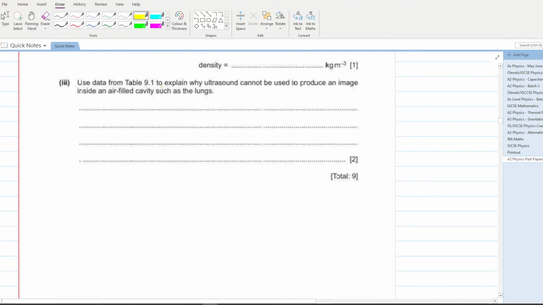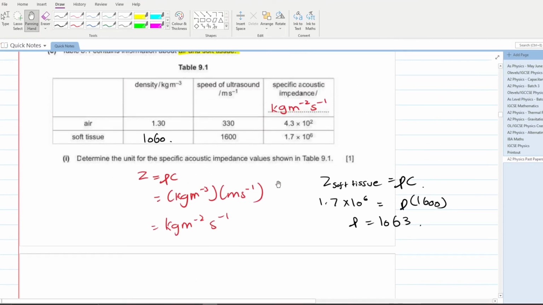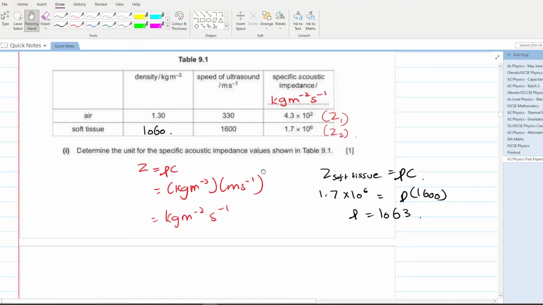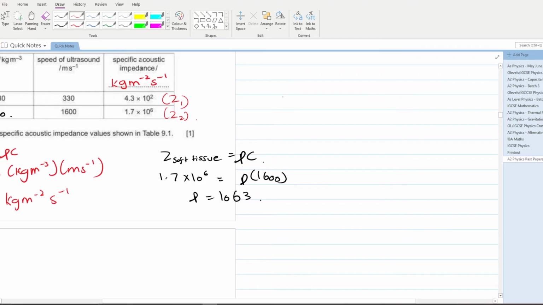Let's further move ahead. Use the data from table 9.1 to explain why ultrasound cannot be used to produce an image inside an air-filled cavity such as lungs. Why can't ultrasound be used to produce an image of the lungs? Here you can see the specific acoustic impedance of air is 4.3 × 10^2. For the soft tissue, it is 1.7 × 10^6. Can you calculate the intensity reflection coefficient here?